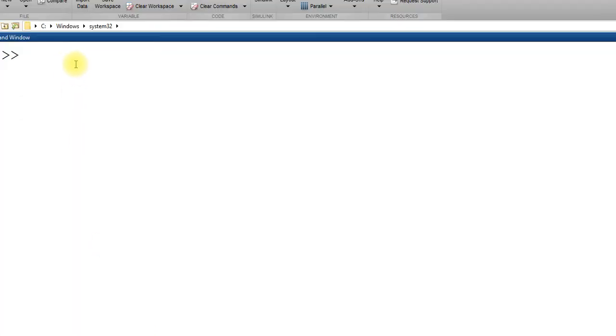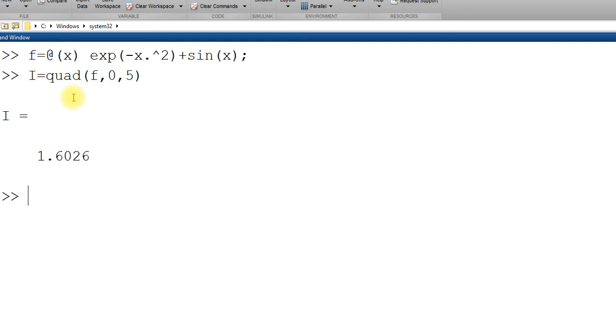Let me solve the same one. Suppose I want to integrate the function exponential of minus x squared plus sin x. I will define it as @(x), and that's it. Then quad(f), and you can see it's asking for a to b, the limits from where to where you want to integrate. I want to take 0 to 5, suppose, and that's it. It gives you the integral value.